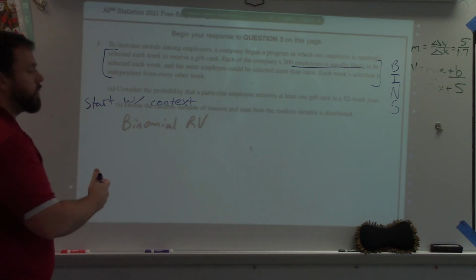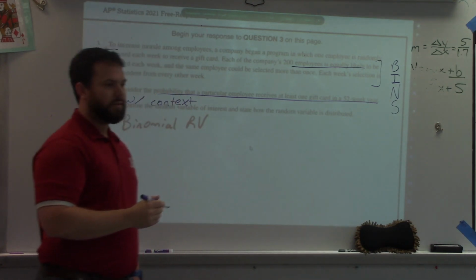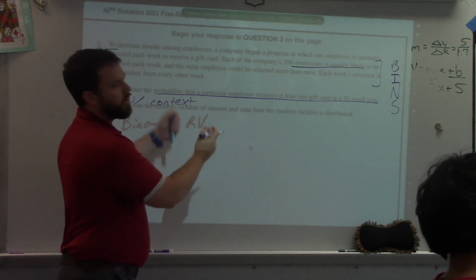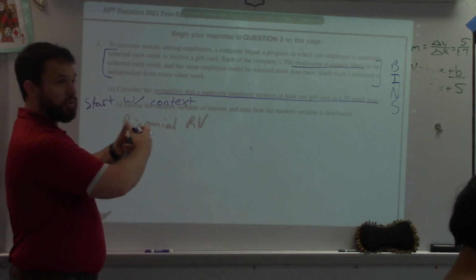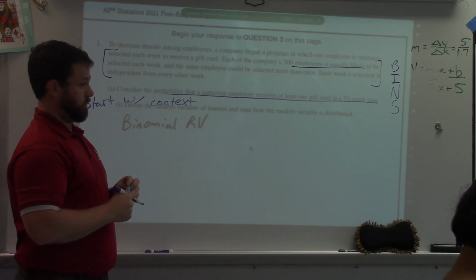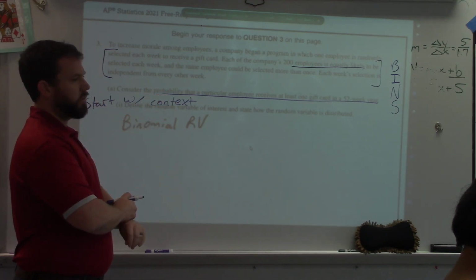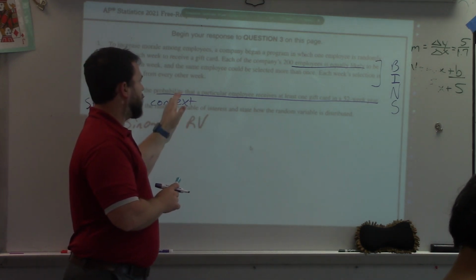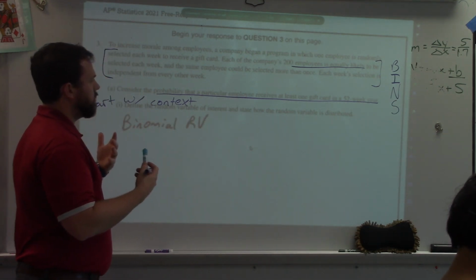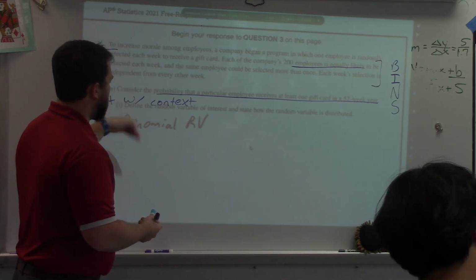Notice what I did right here: I took the context, I literally just ripped it straight from there. So the random variable is how many gift cards an employee receives in a 52-week year, and it follows a binomial random variable.